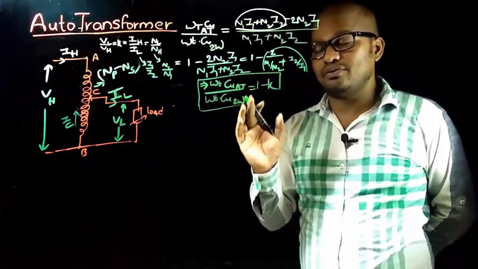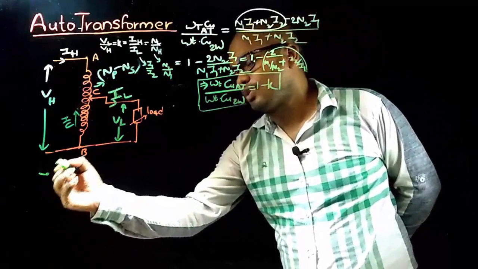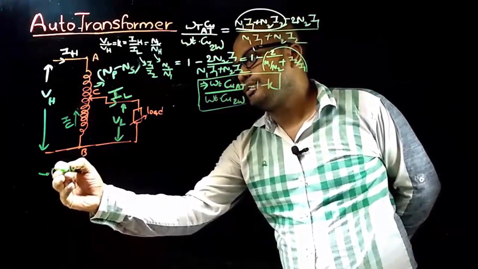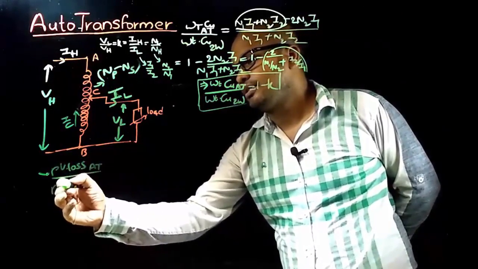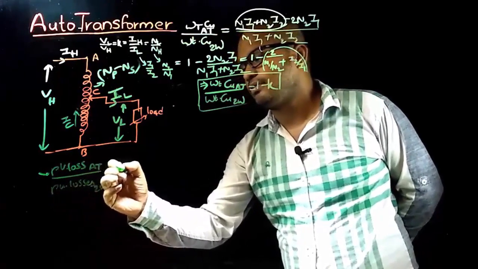Therefore, based on the weight of copper, we can derive a few more important relations, that is about losses. Per unit losses of autotransformer to the per unit losses of two winding transformer.